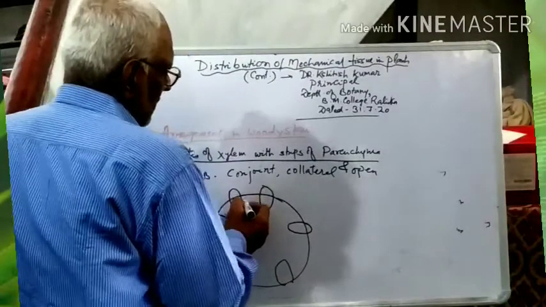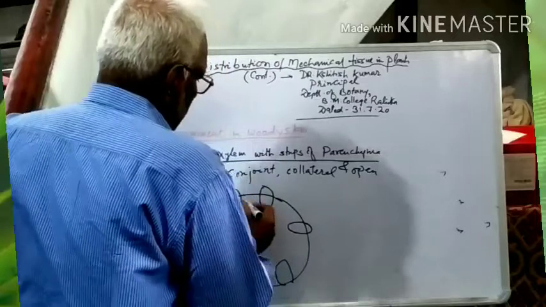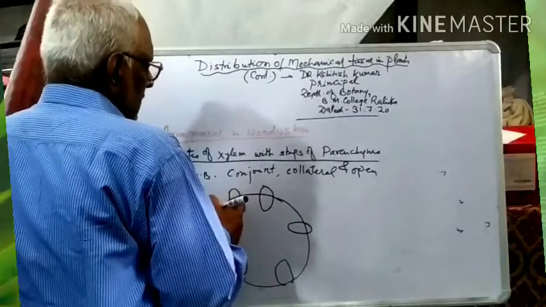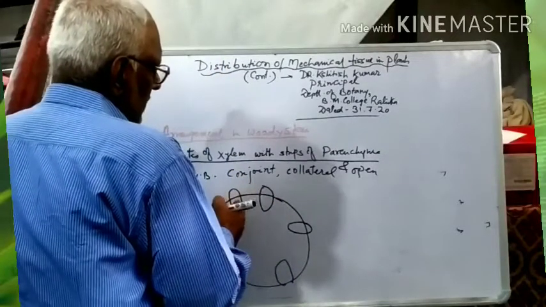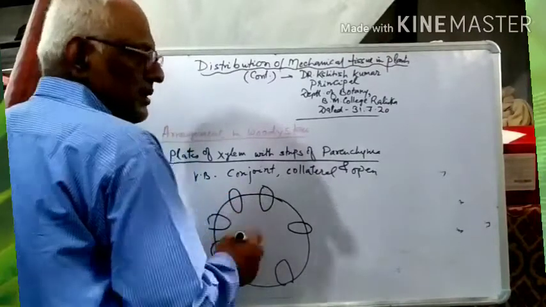In some places, the normal behavior of the cambium ring is to cut secondary xylem inside and secondary phloem outside.